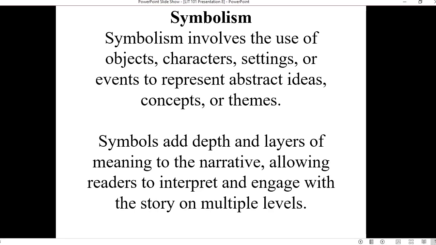When we talk about symbolism, we are talking about the use of objects, characters, settings, or events to represent abstract ideas, concepts, or themes. So something that cannot be physically understood, we can use some symbols to represent. Therefore, symbols add depth and layers of meaning to the narrative, allowing readers to interpret and engage with the story on multiple levels.